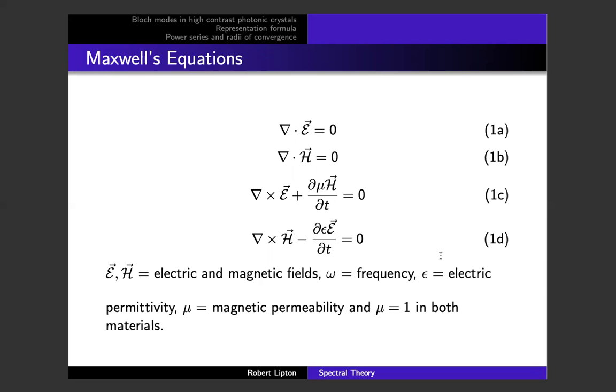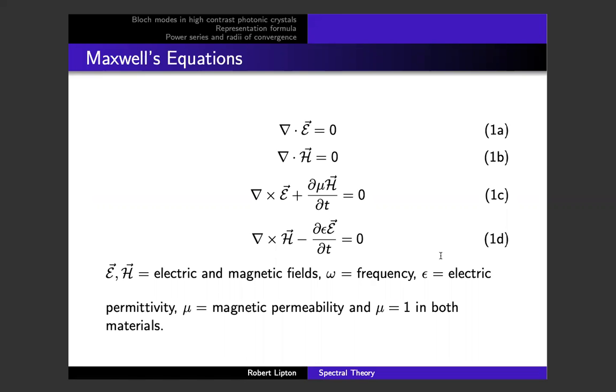Well, we don't have frequency just yet, but we have electric permittivity, which is the epsilon, which is a material constant, takes different values in different materials. And then the magnetic permeability, which is denoted here in equation 1c as mu, which is the same for all materials.